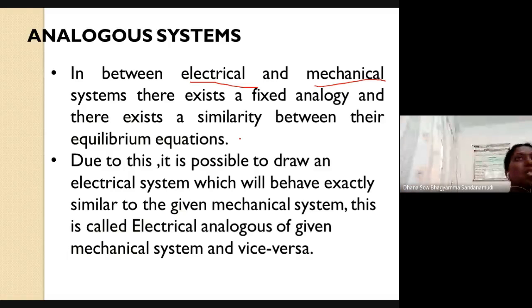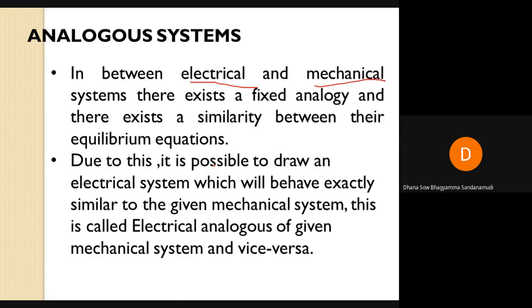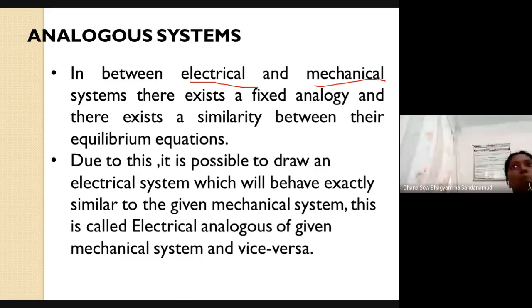You know how to write the differential equations of an electrical system and how to write the differential equations of a mechanical system. Till today we have seen all those equations. You can equate those equations in some way. How these differential equations can be equated with each other, we will see in this topic, analogous systems.